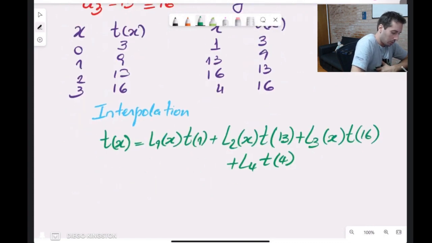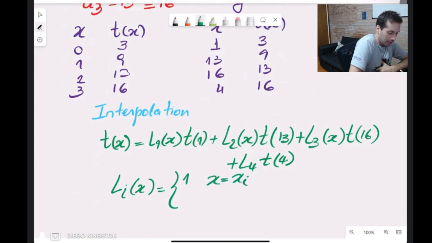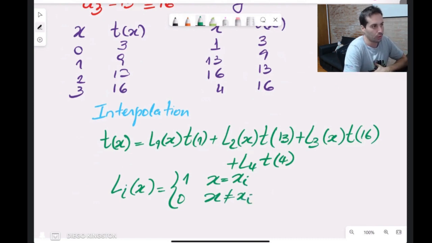Yes, so Li of x will take the following values. It is 1 when x equals xi, and 0 if x isn't xi for this group.